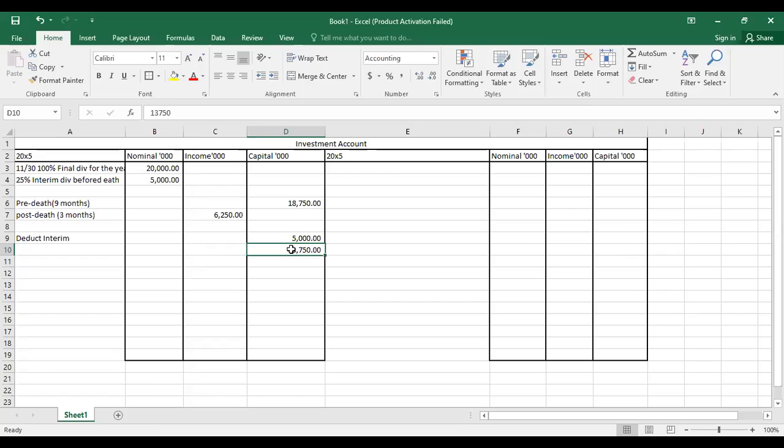We didn't go to do a lot of exercises in this one. I want you to assume, just on the same question, that there was a 15% final dividend instead of 100%. We assume the same stake, but the final dividend was 15%, and the interim dividend was 11%.